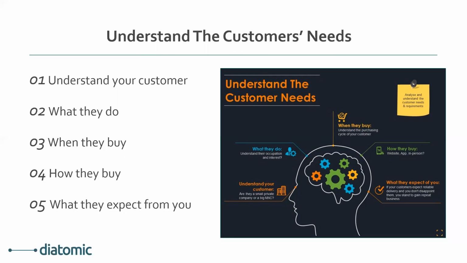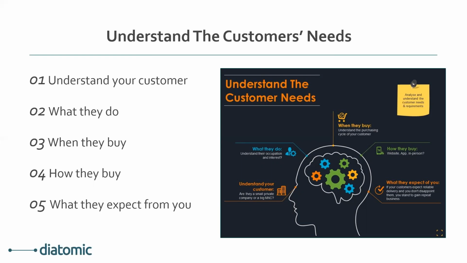And in order to understand their needs, it's necessary to be aware of and follow these five things. First, understand your customer. Are they a small private company or a big multinational corporation? The second is what they do. Understand their occupation and interest.